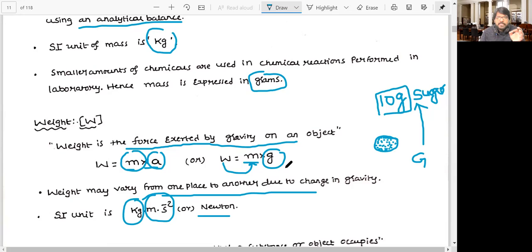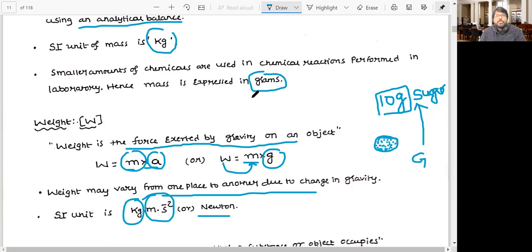For example, let's assume the 10 grams of sugar you have taken has 1 million small particles. All those particles placed on a table will occupy some space.